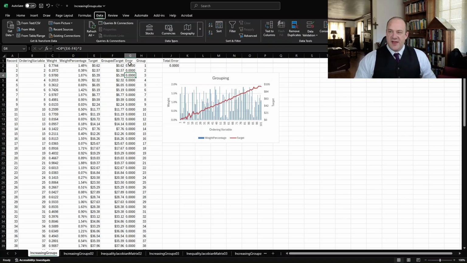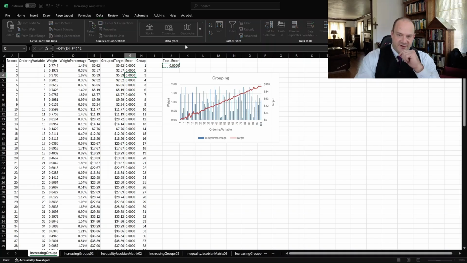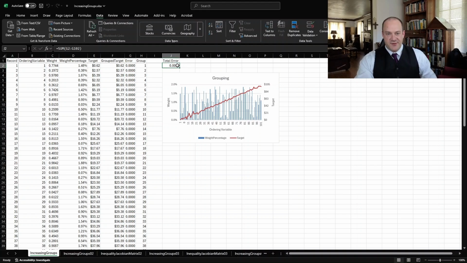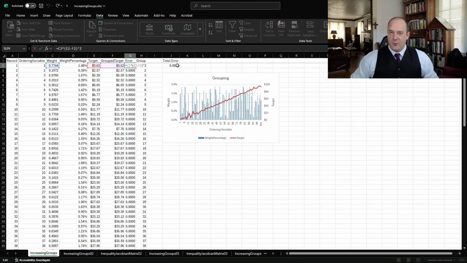So how do we do that? Well, we have our good friend, Mr. Solver, here in Excel. And so we say, okay, the total error, just real briefly here, is the sum of the individual errors. Each of these individual errors is weighted by the weight for that record. So that's the sum of them. And so we are going to minimize the total error.